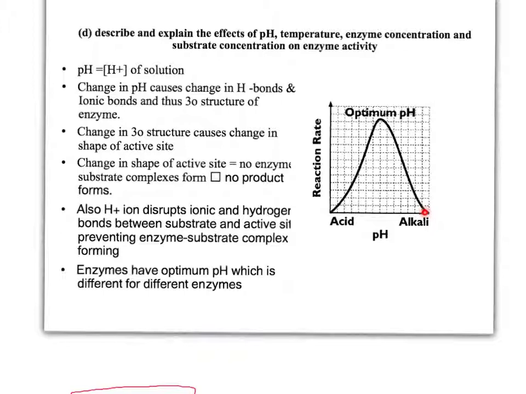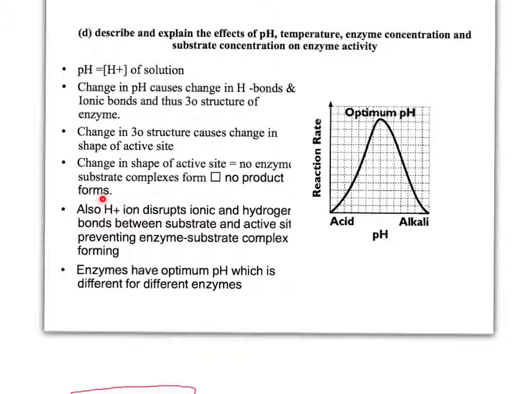The explanation of why that occurs is that changes in pH cause hydrogen bonds and ionic bonds in the tertiary structure of the protein, which is the enzyme, to be disrupted. The disruption of those bonds causes a change in the tertiary structure, and therefore a change in the shape of the active site, so that the substrate can no longer bind to the active site to form its enzyme substrate complex, and that results in no product forming.